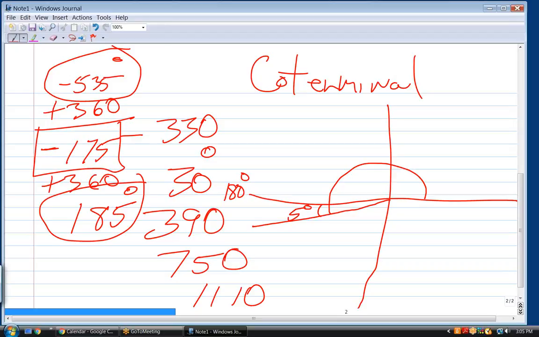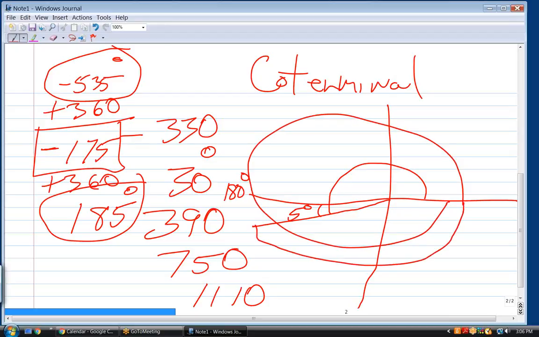Now, going back to the original problem, minus 535. Minus angles go clockwise, positive angles go counterclockwise. So if I wanted to know where that actually was, I would go around once, that's 360. And I'm still at a negative angle, so I go around twice, and I get to right there.